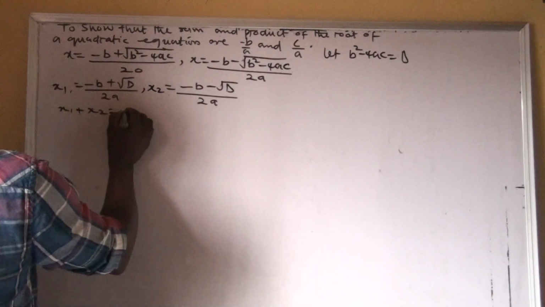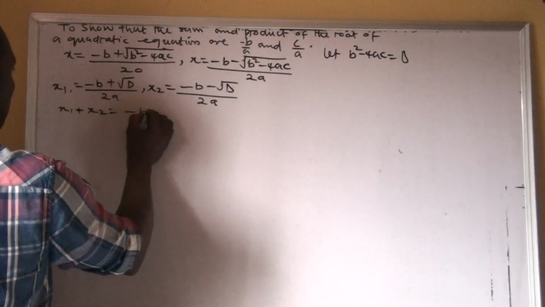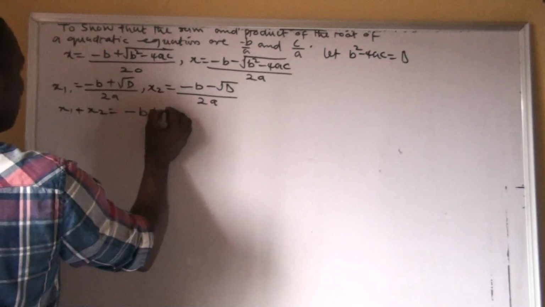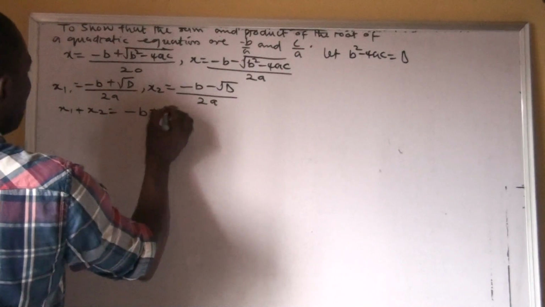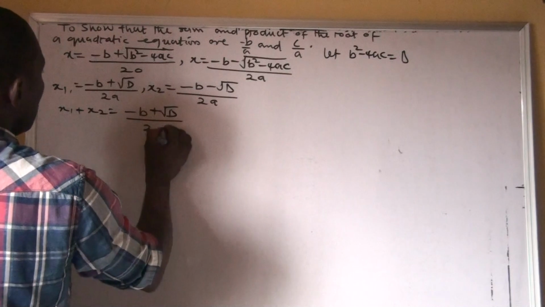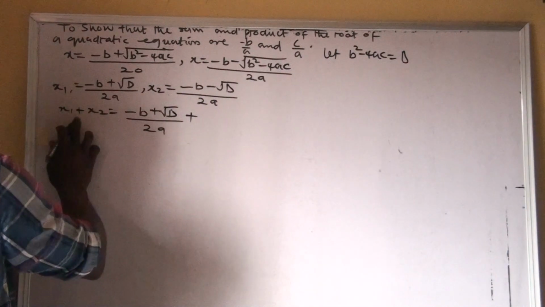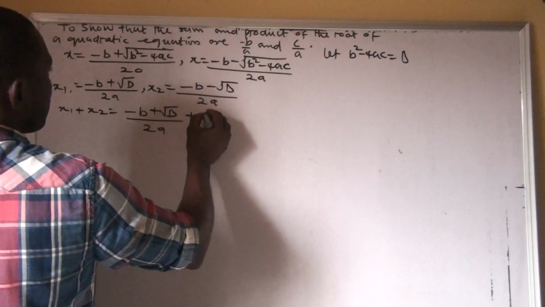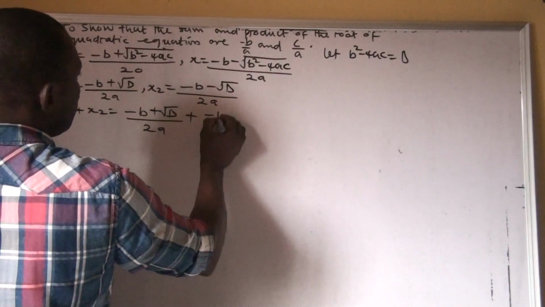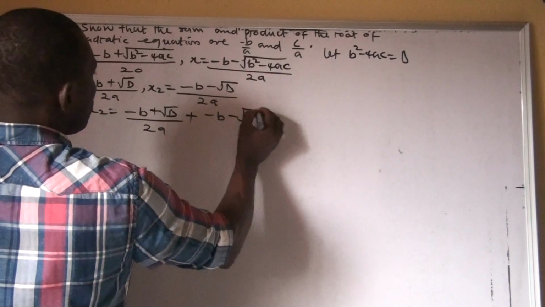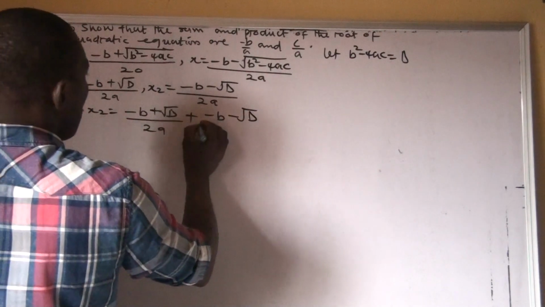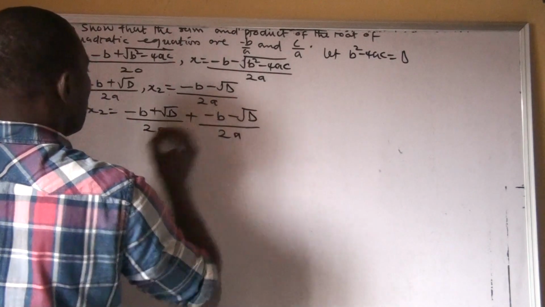So here we say minus b plus square root of d all over 2a, because we're saying sum, plus minus b minus root d all over 2a.